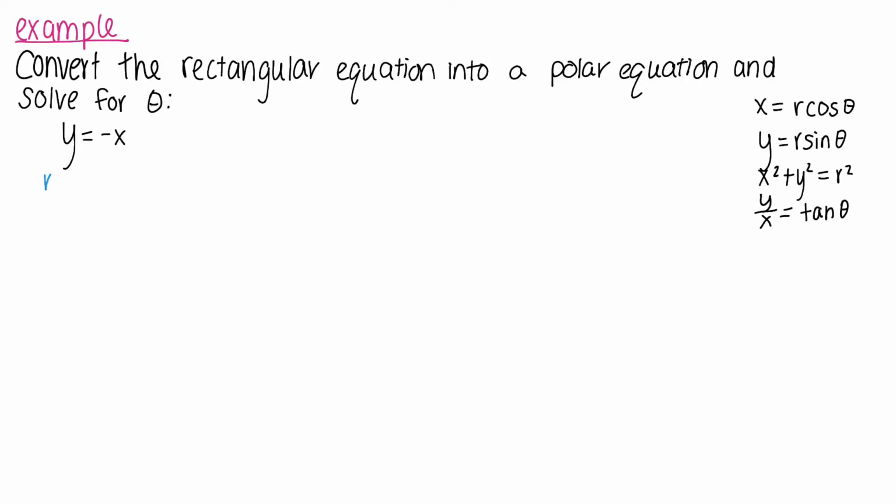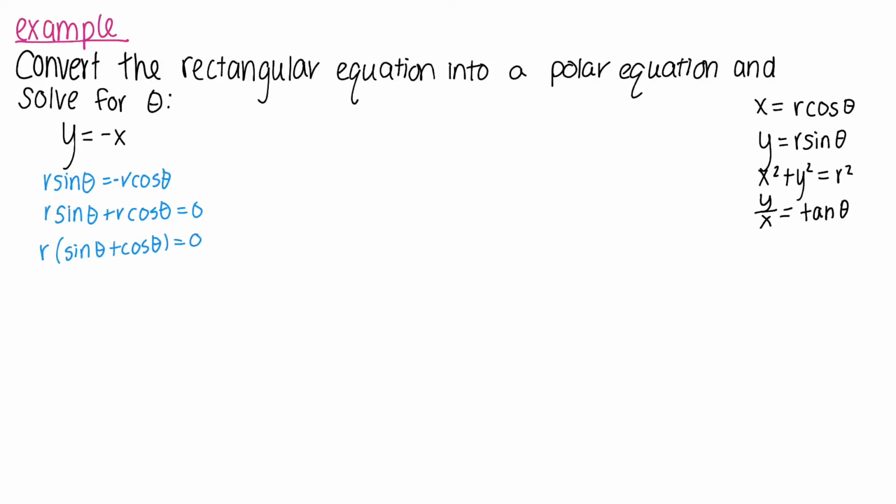So you would do r sine theta equals negative r cosine theta. You could add the r cosine theta to the other side, so r sine theta plus r cosine theta equals 0. And then you could pull the r out and you have sine theta plus cosine theta equals 0.